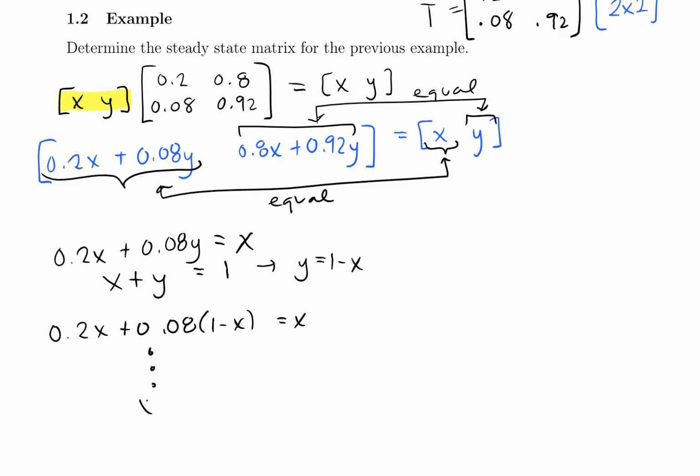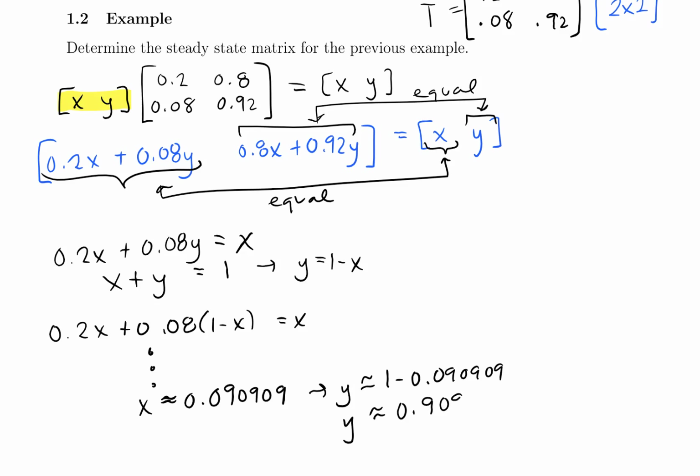I'll let you finish it from here, but there's a couple of steps in between. We should end up with x equal to 0.090909, and this is an approximation. Now if x is approximately 0.090909, then we get that y is approximately 1 minus 0.090909, so y is approximately 0.909091.